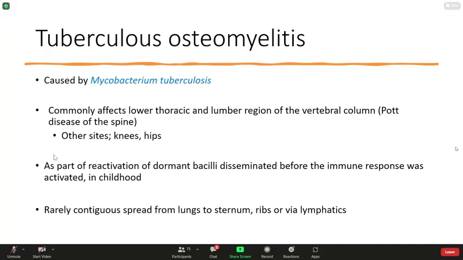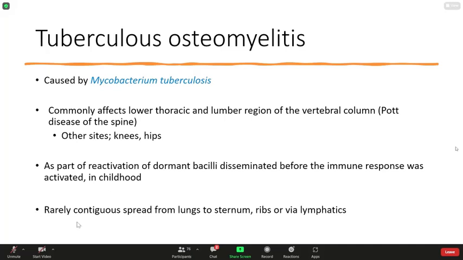This is due to, as you can remember from the pathogenesis of tuberculosis, reactivation of dormant bacilli that entered before the immune response was established, especially in childhood. And if the patient is immunocompromised, they can get disseminated TB and also reactivation of dormant bacilli from childhood.